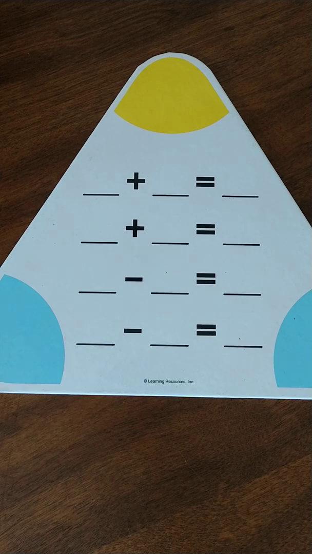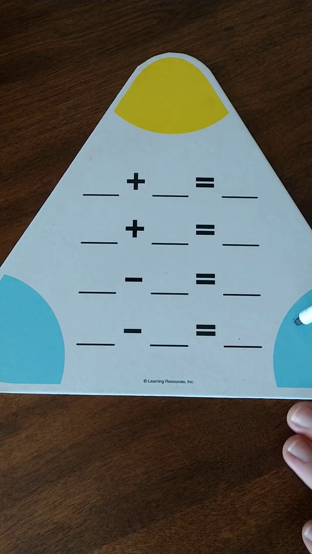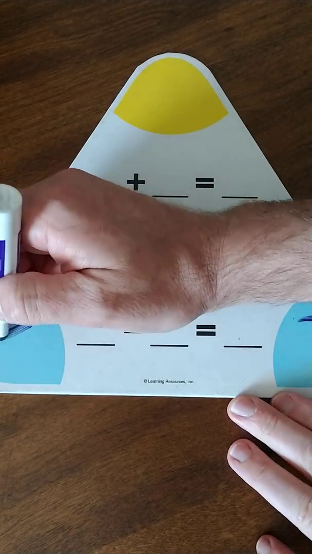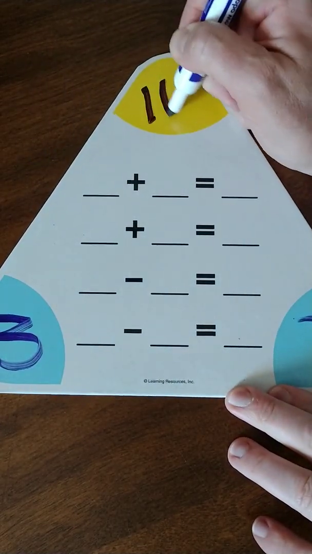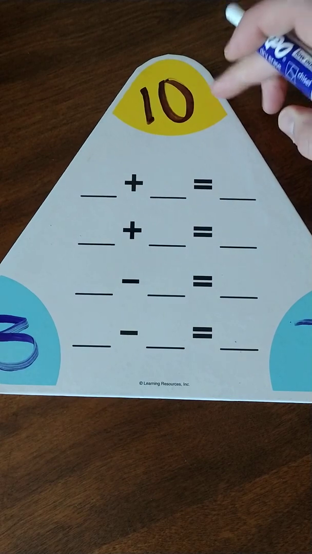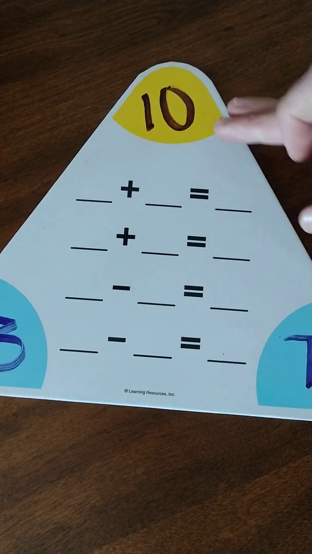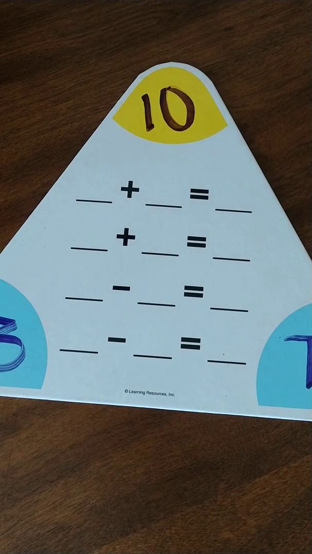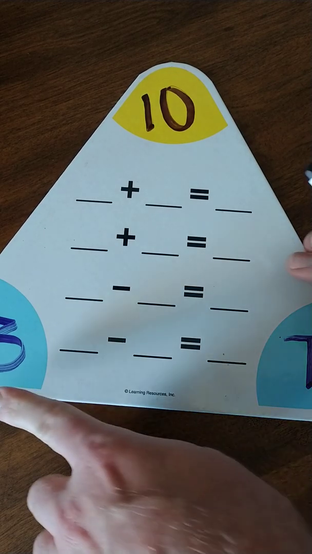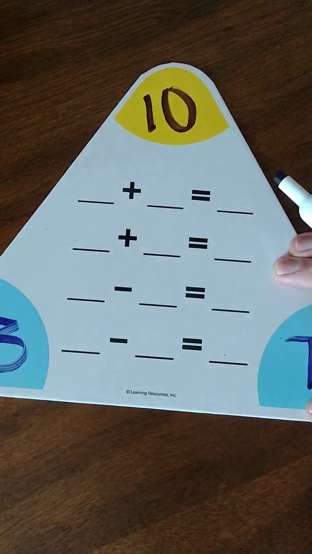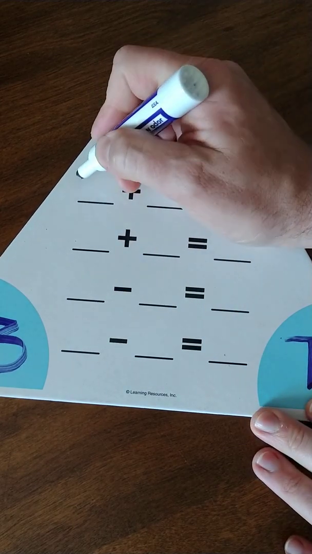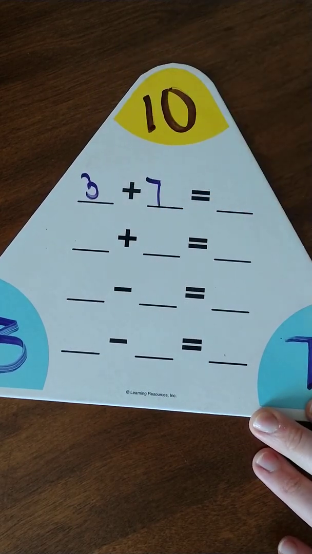So our numbers, let's go big: 7, 3, and 10. I always like to put the biggest number up in the yellow spot, at the point. So let's go around the circle. Let's start at 3. 3 plus 7 equals 10.